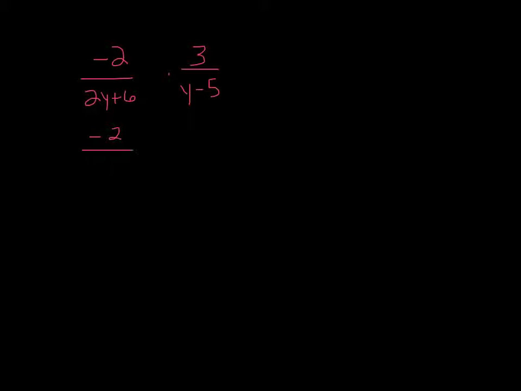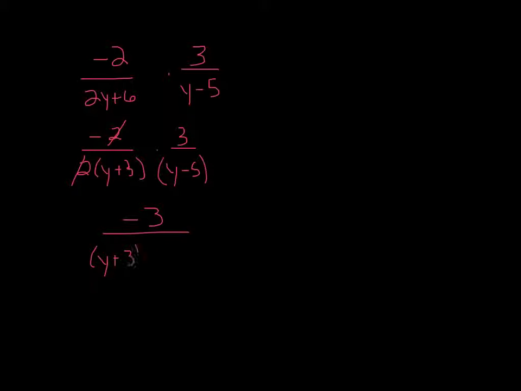So we got negative 2 over 2 times y plus 3 and times 3 over y minus 5. Okay, and our 2 and our negative 2 can reduce. So we're left with negative 1 times 3. That'll give us negative 3 on top. And then on bottom we have y plus 3 times y minus 5. And that's it, you're done.